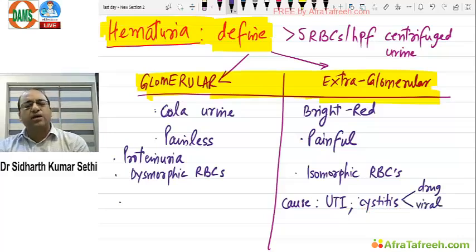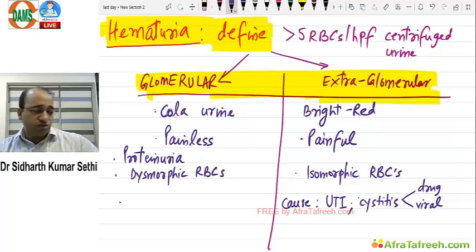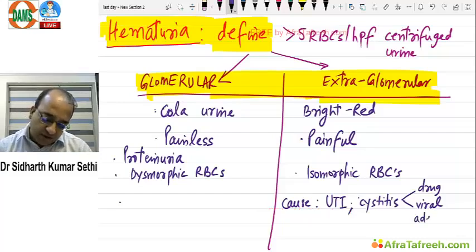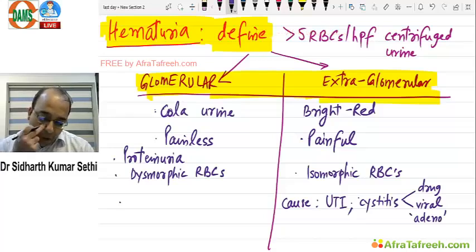I do clinics in multiple cities of our country, and very commonly I see many children coming to me with fever and red urine consecutively. How can a lot of children in the same community have fever and red urine? It could be a virus like adenovirus. It's very common that adenovirus can cause hemorrhagic cystitis. So remember, UTI is the most common cause of hematuria in children.